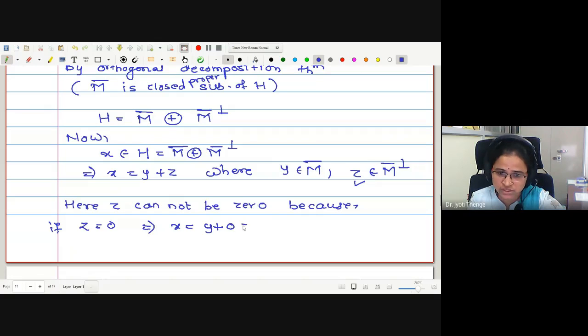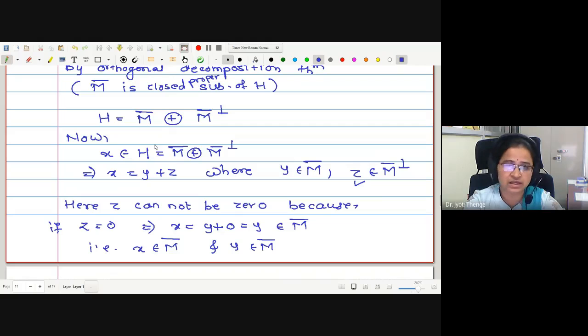X is equal to Y plus 0, which is equal to Y. Therefore this Y will be a member of M bar, that is X is in M bar and Y is in M bar. Here we have not taken any element of M bar perp.